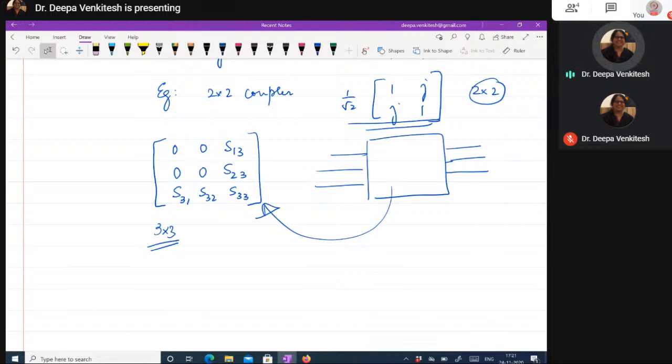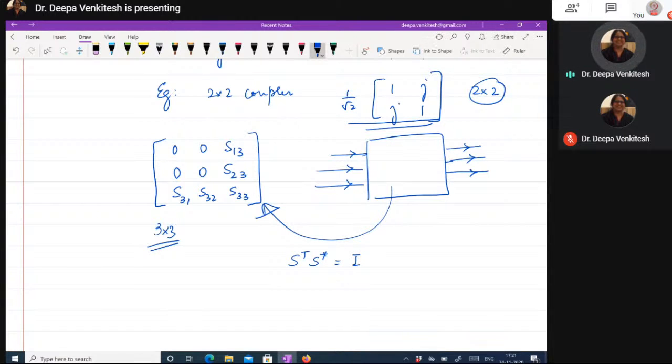So the key here is that whatever energy you are sending in has to come out of the device if it is not lossy. If it is to satisfy the energy transfer condition, this result from linear algebra says that S transpose S conjugate is equal to I. If this condition is satisfied, then energy conservation is satisfied.